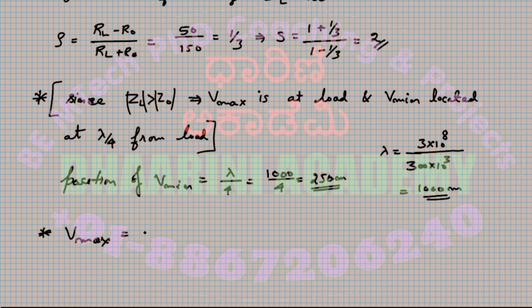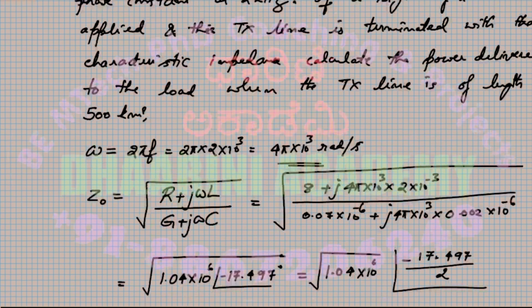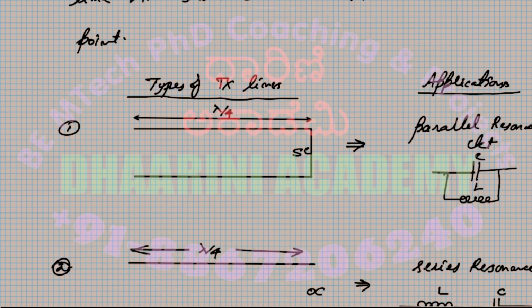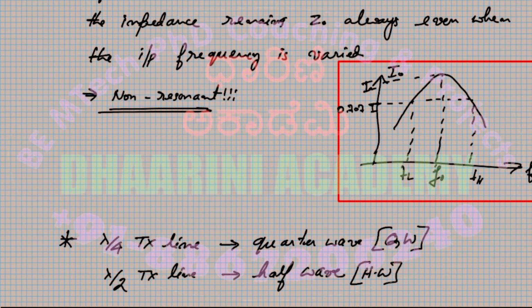R naught into 1 minus magnitude of rho. I have it, one second. I rewrote that equation. It's related to any line. Let me just check that once.